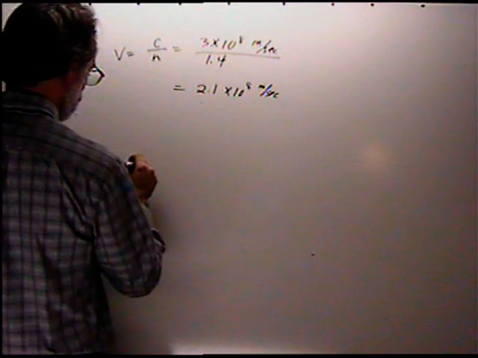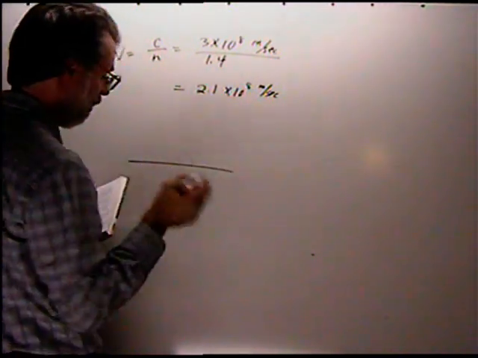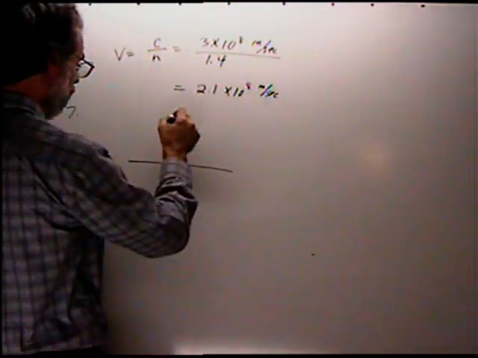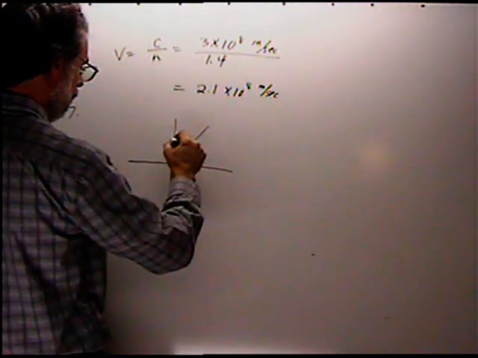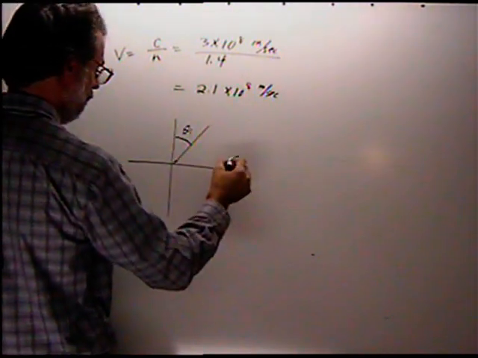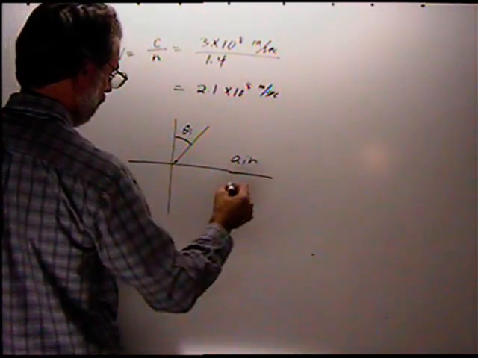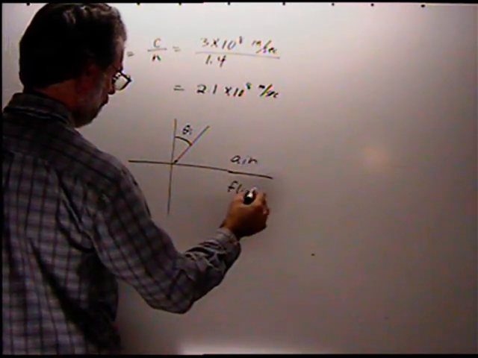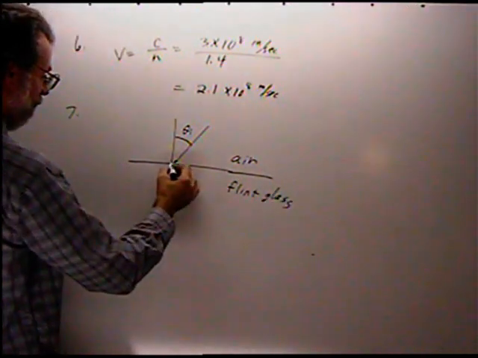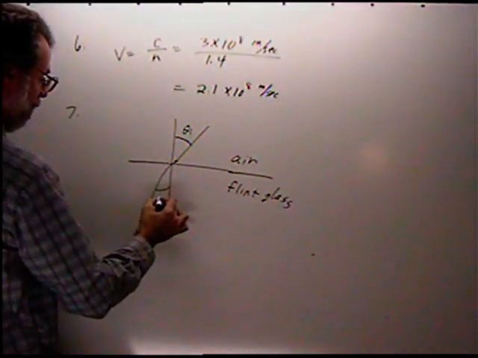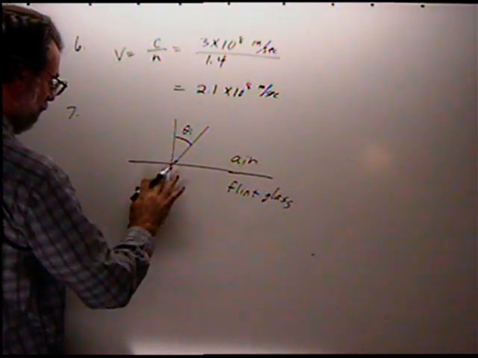So what we have is, and this is a very good way of measuring the index of refraction, we send a laser beam in here. Here's theta 1. This is air, and this is the flint glass. And it refracts. So here's theta 2.